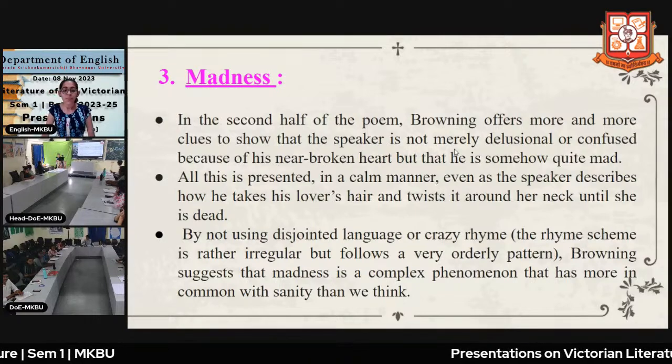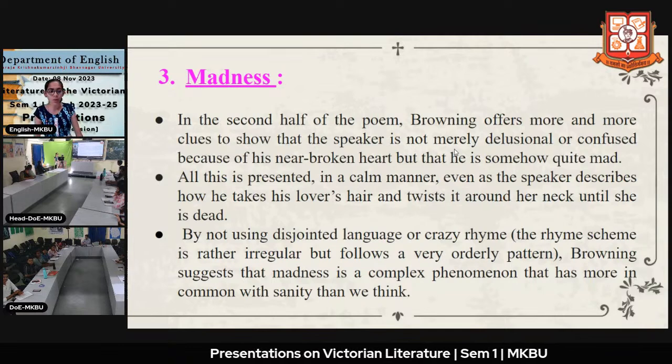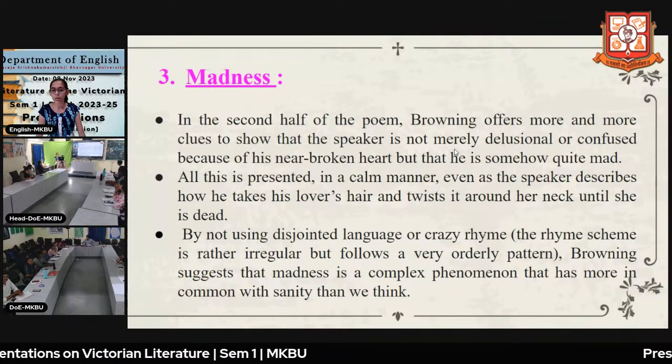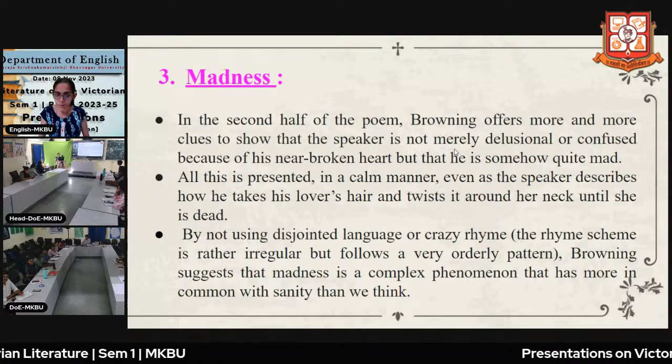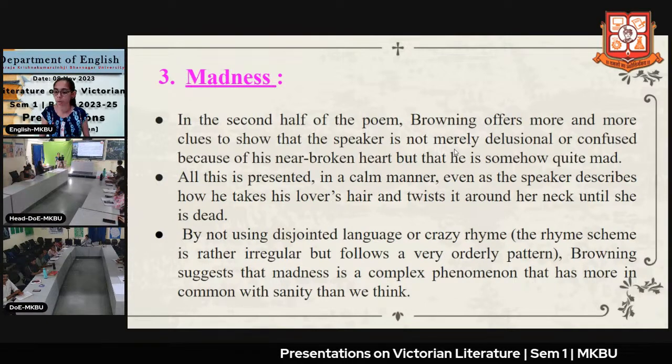Third, madness. In the second half of the poem, Browning offers more and more clues to show that the speaker is not madly deluded or confused because of his near broken heart, but that he is somehow quite mad.